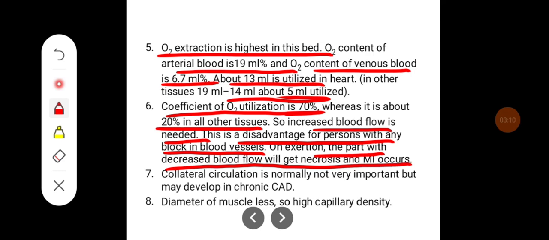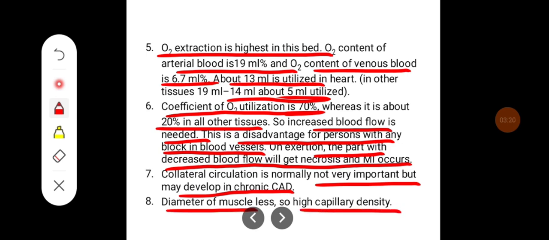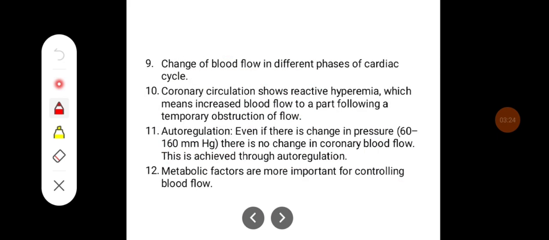Collateral circulation is normally not very important but may develop in chronic coronary artery disease. The diameter of the muscle fibre is less, and so the capillary density is high. The blood flow changes in different phases of the cardiac cycle.